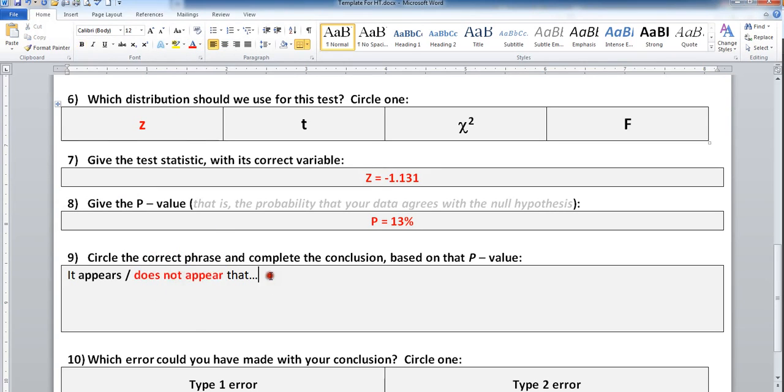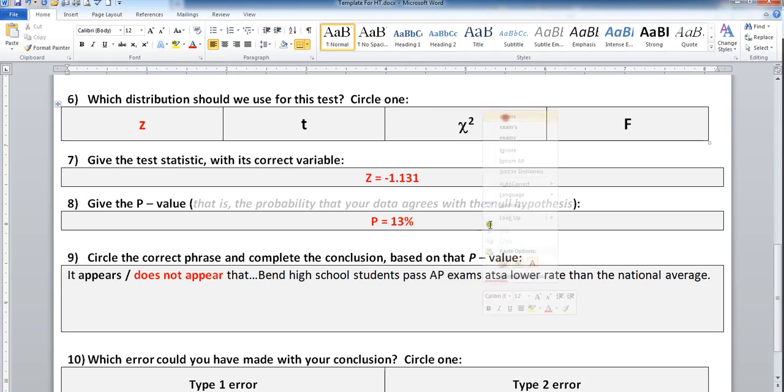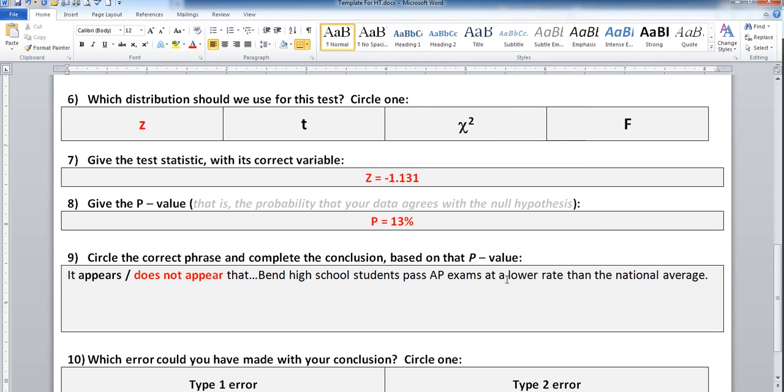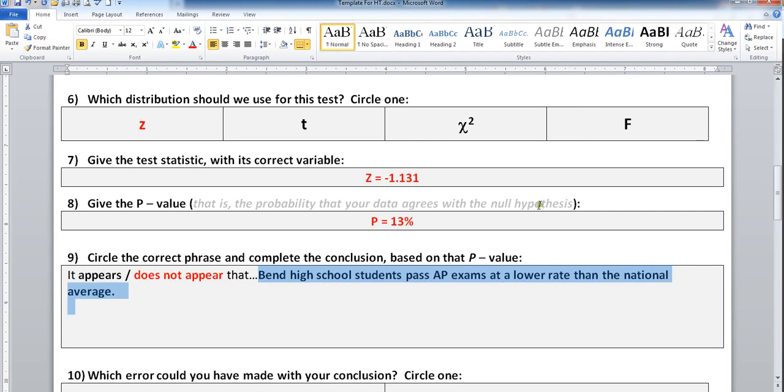It does not appear that Bend High School students pass the AP exams at a lower rate than the national average. Let's go back and spell all the words correctly. I look at my fingers while I type. At a lower rate. Make that red.